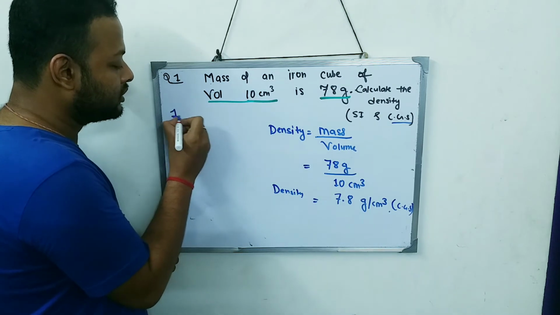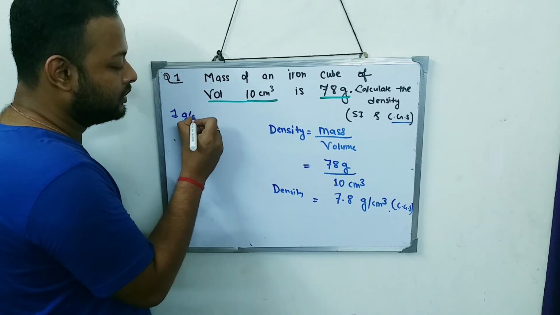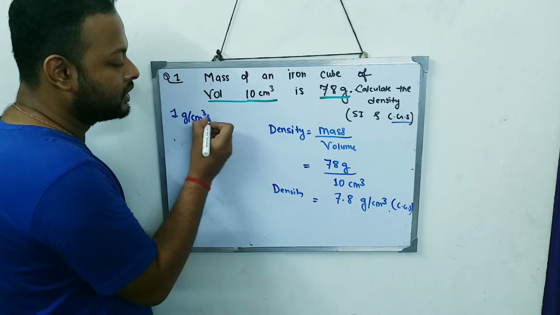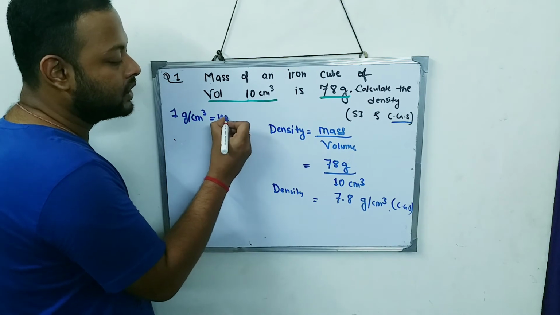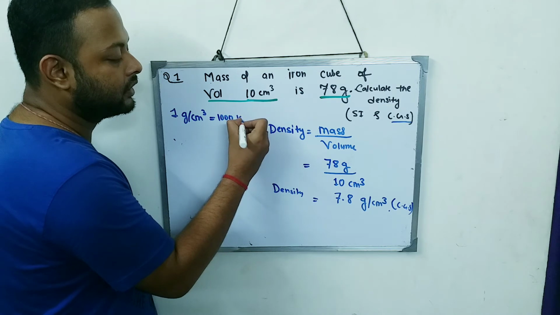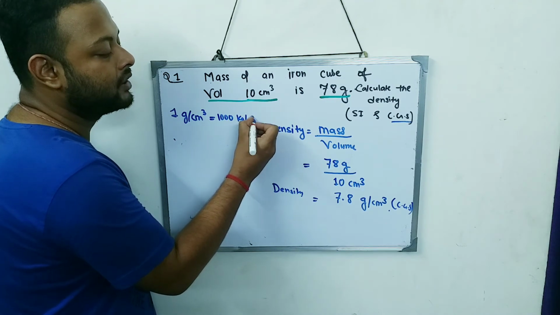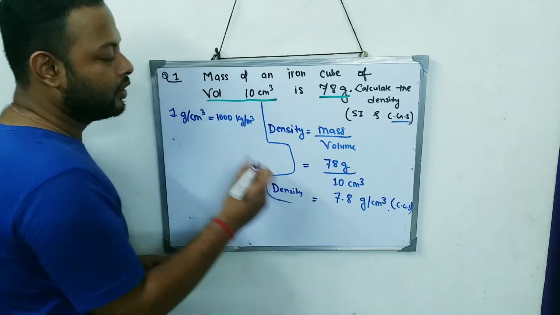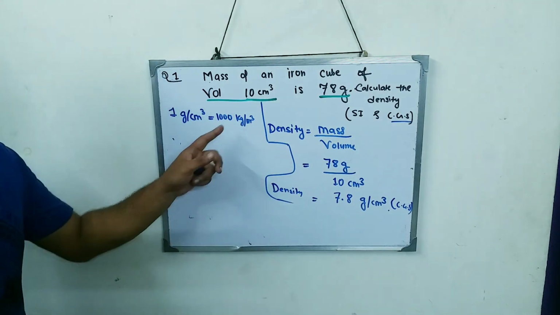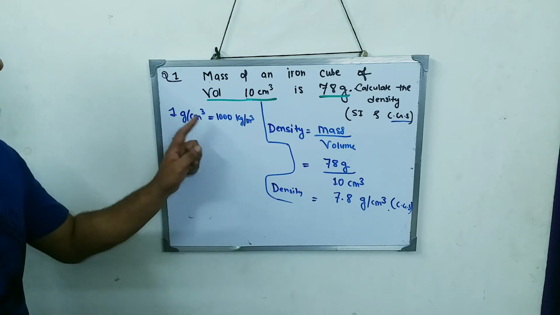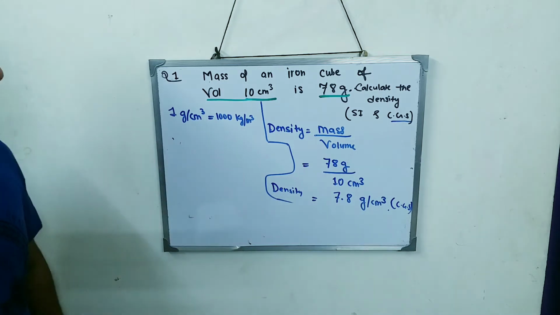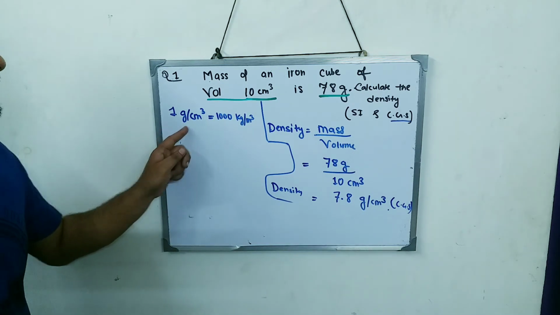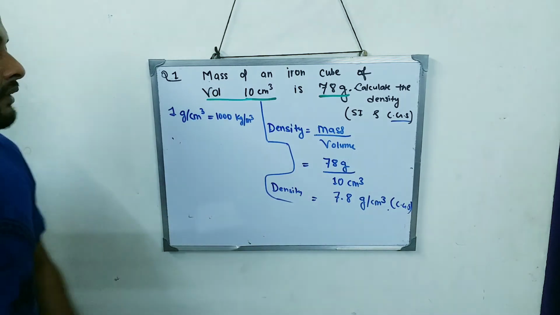I wrote one final expression: 1 gram per centimeter cube is 1000 kg per meter cube. Do you remember? It will be utilized over here.